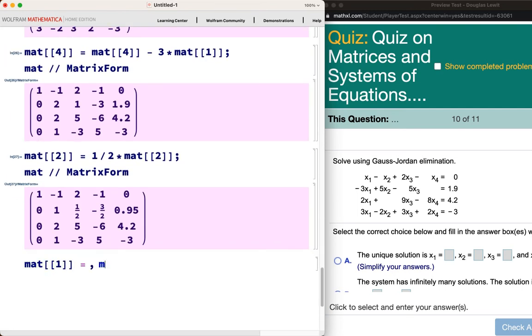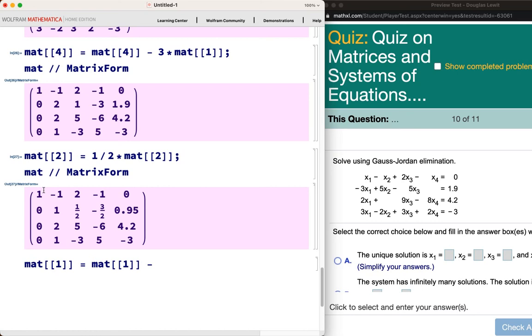The new first row is equal to the old first row minus, yeah, so okay, I have to concentrate on this. So the new first row of my matrix is equal to the old first row minus the second row.